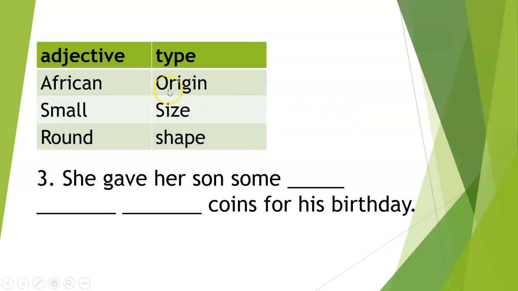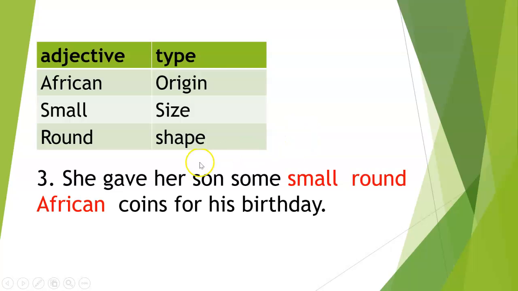African is origin, so we know that the coins came from Africa. Small is size, round is shape. So when we put these words into order, we would say, she gave her son some small, round African coins for his birthday, because small is size, round is shape, and African is origin.